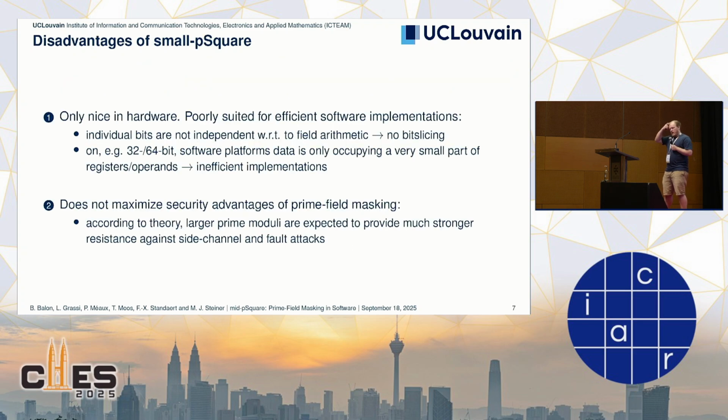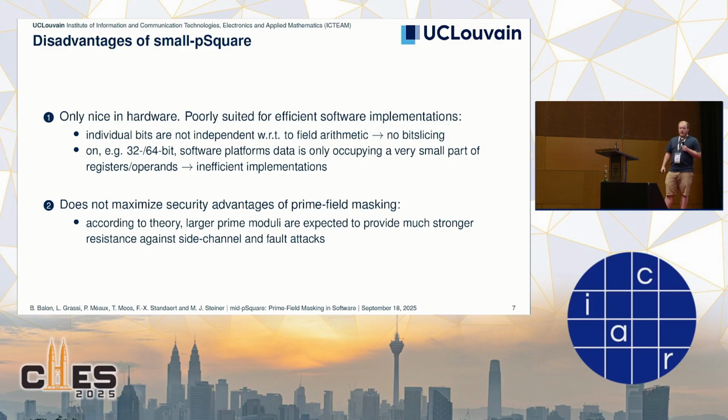Now, what are the disadvantages of this design? Why do we even need a new one? The thing is, this design is really only nice in hardware, or maybe also on 8-bit microcontrollers, but these are not used a lot anymore. So it's poorly suited for efficient software implementations on modern devices. Why is that?